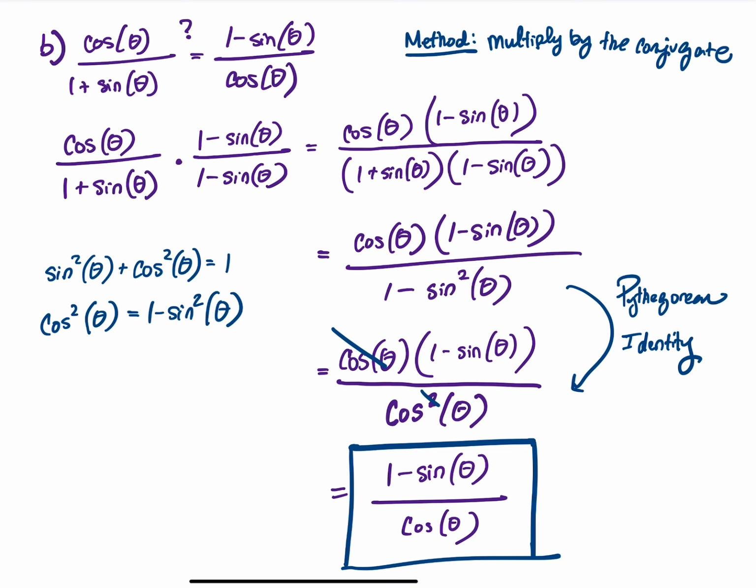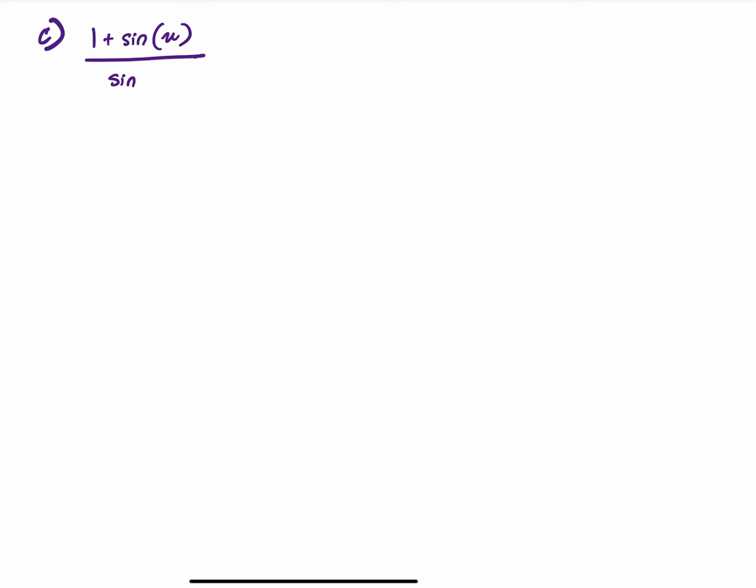In part C, it asks us, and I'll just write it here, part C asks us to simplify 1 plus the sine of u over the sine of u plus the cotangent of u minus the cosine of u over the cosine of u.